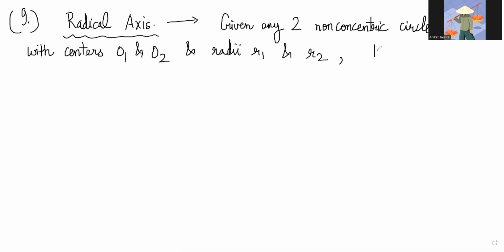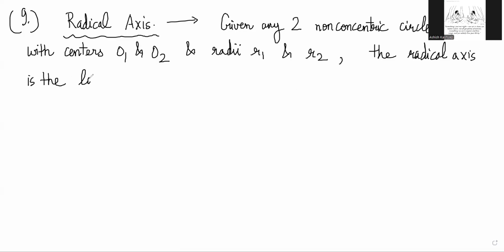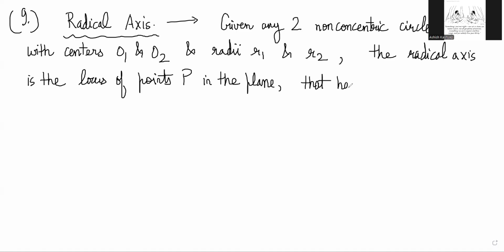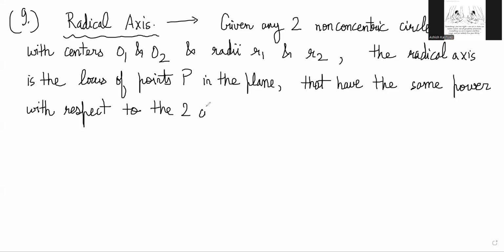the radical axis is the locus of points P in the plane that have the same power with respect to the two circles.